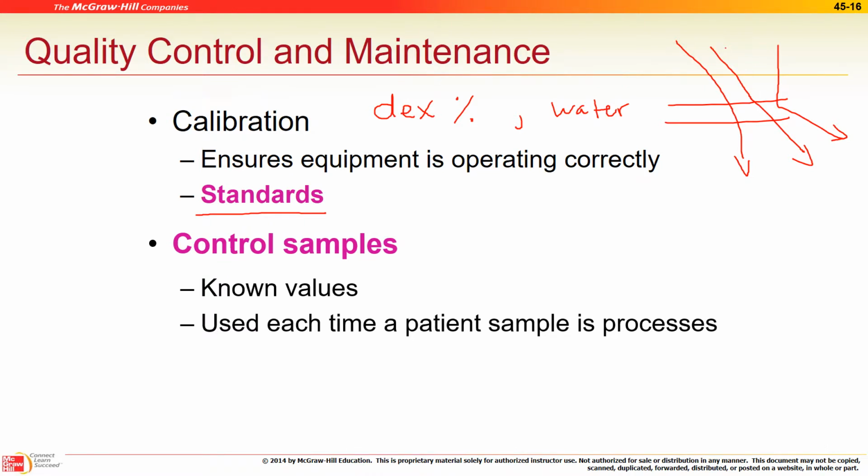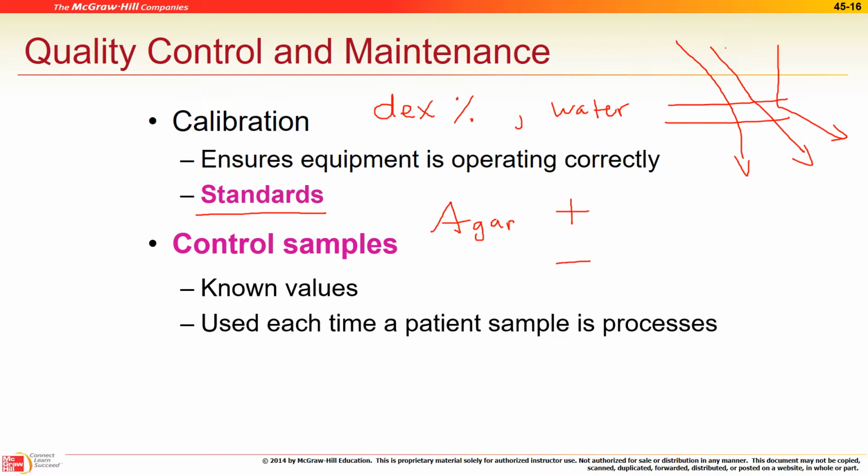Control samples. So for today's plates, we've got agar plates. So this is growth media for bacteria, fungus, so mostly the microbes that will try to grow. So for our agar plates, we need a positive control and a negative control.